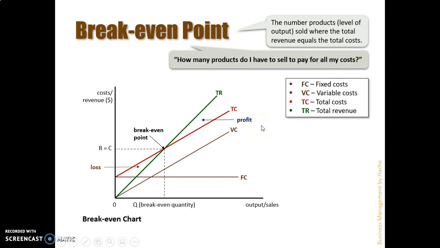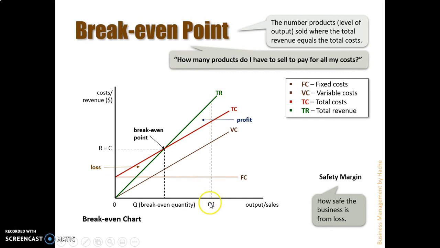Thinking of this, when a business has a specific level of output, produces a specific number of products, the business would like to tell how safe it is from the loss area, how far it is from the loss area. So that is called the safety margin. The safety margin is basically finding out how safe you are from the loss area, how far away you are from the loss area. So let's say you are here.